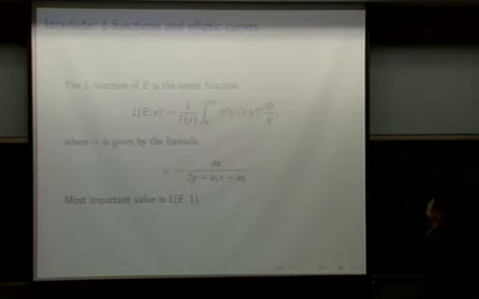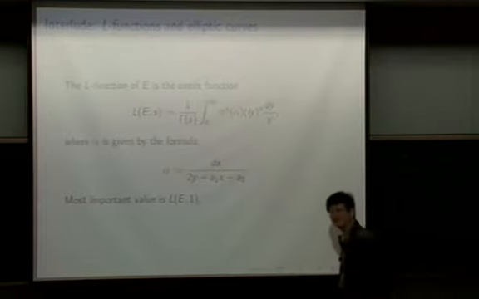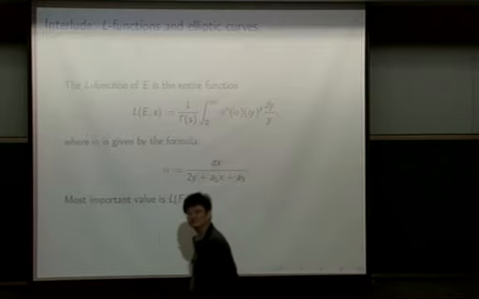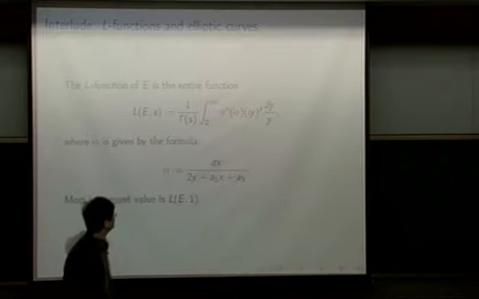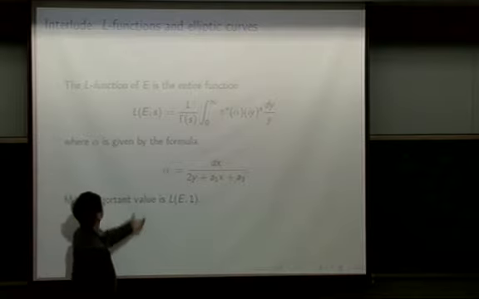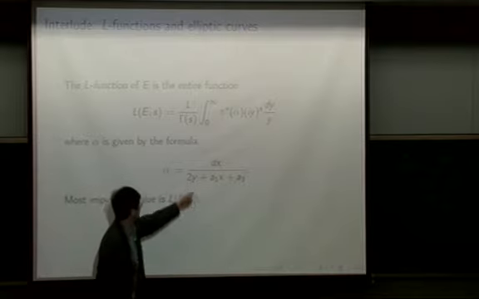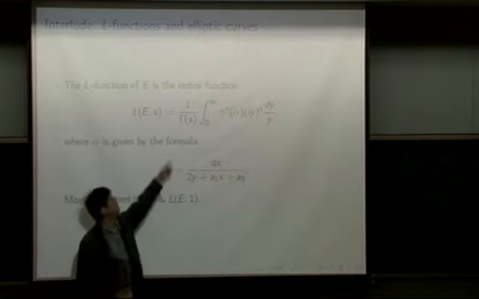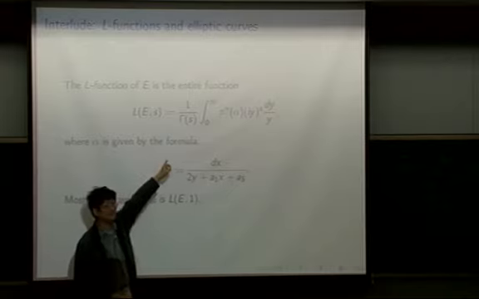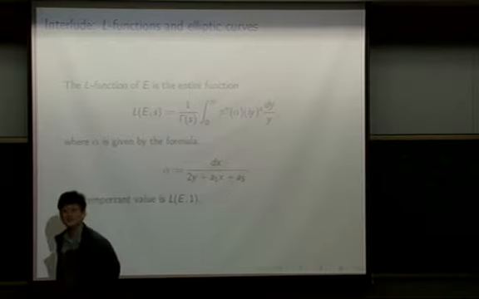Well, this is a funny formula, so you can look at it or not. It doesn't make much sense unless you've actually worked with it. What you do is use that uniformization to pull back to the upper half plane an invariant differential form from the elliptic curve and then integrate it along a path like that. This is the so-called L function of the elliptic curve.